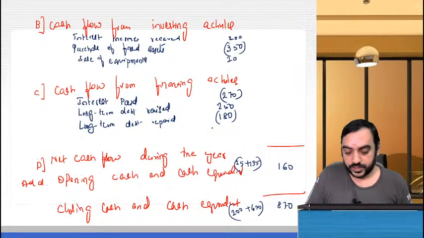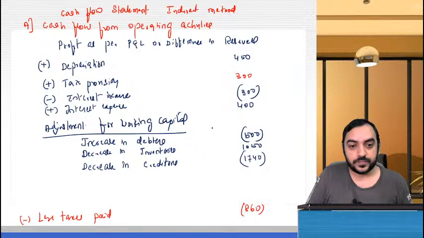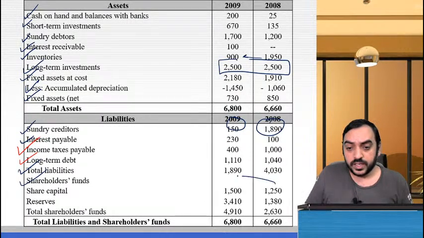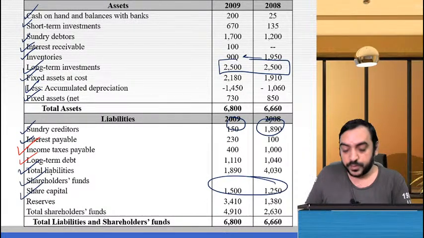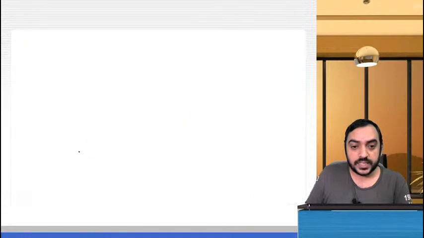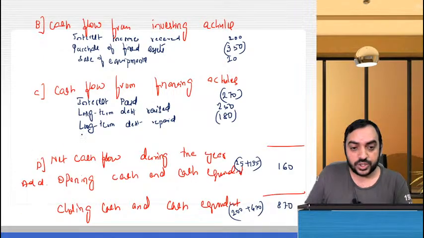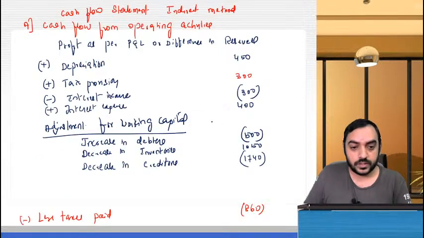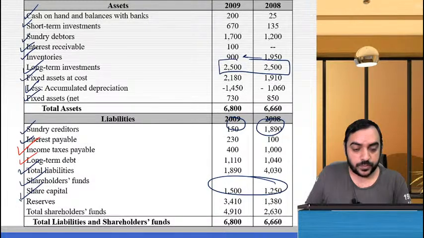Repaid will be within brackets. So long-term debt, total liability is done. Shareholders' funds will come to it. Share capital increase. They only said issue of share capital 250. Again, financing activity will take it. Issue of share capital, share capital raised along with premium 250. So we are done with this point.